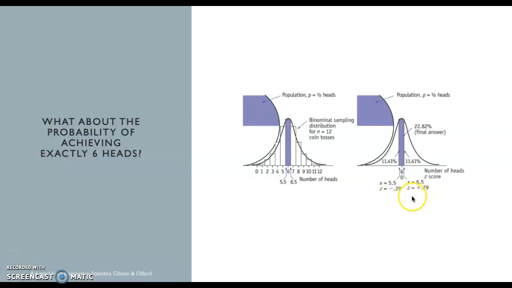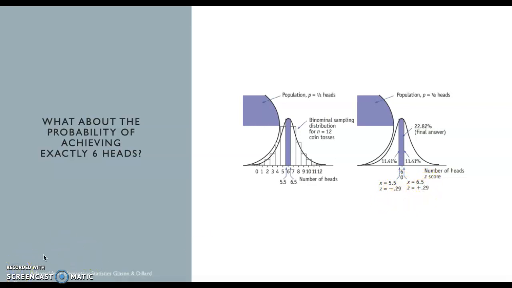And this half point adjustment is going to include the part over here, 6 heads. On the right side, you can see we resketched the same graph with only the 6 heads part, and the borders are: x value is 5.5 on the left side and 6.5 on the right side. What we need to do is find the z-score values for 5.5 and 6.5.